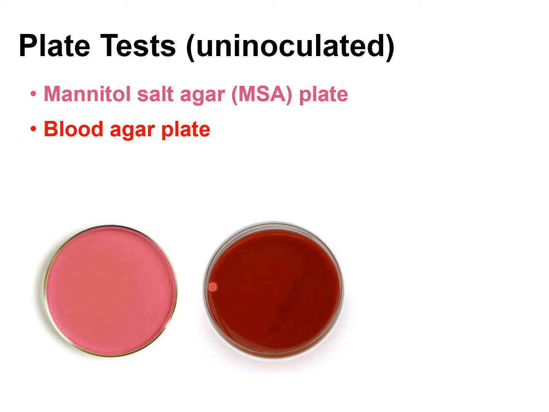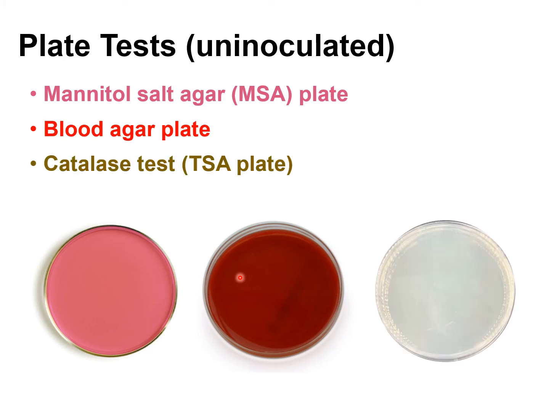We're also going to talk about another plate called the blood agar plate, and it's called blood because it actually has red blood cells. Not human, but sheep red blood cells. That's why it's kind of maroonish in color. And then we're going to talk about a catalase test.